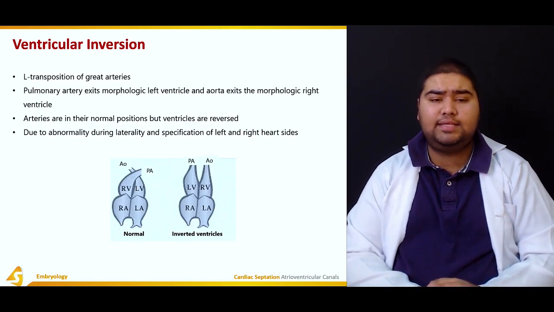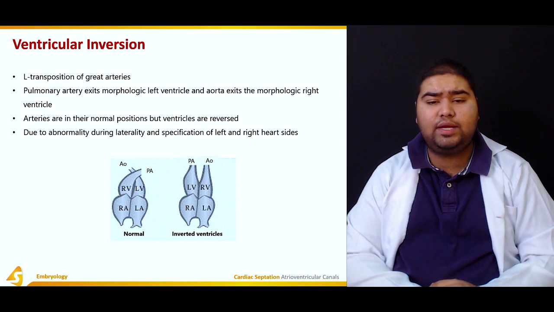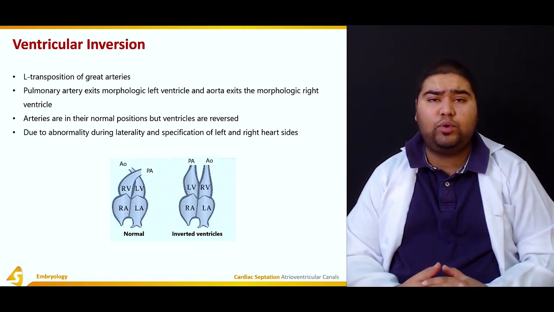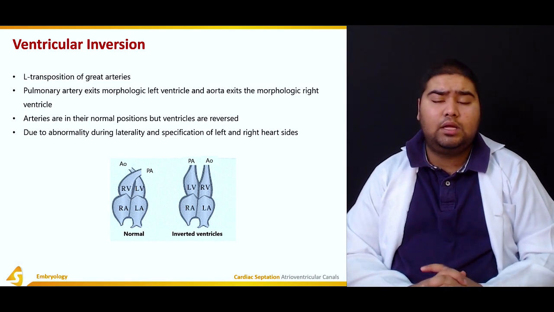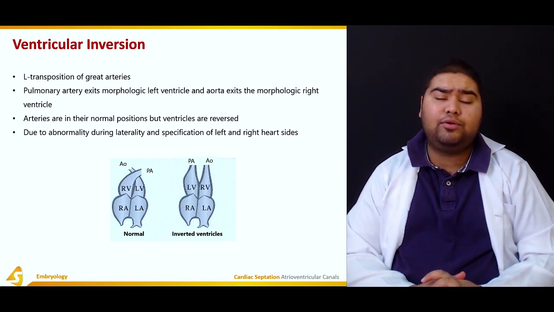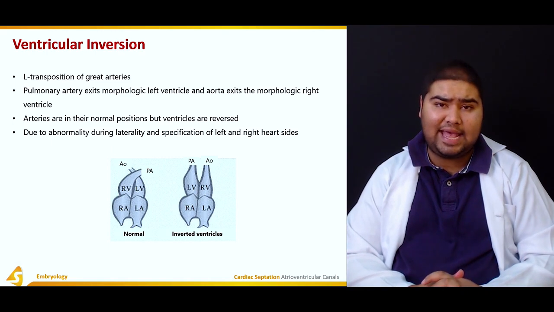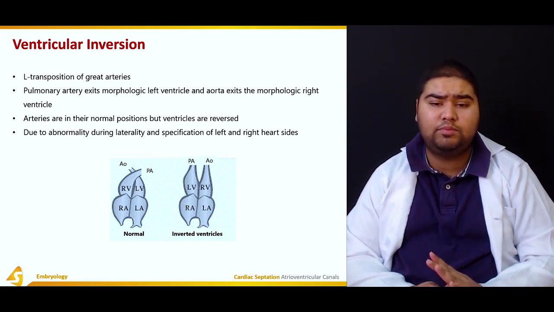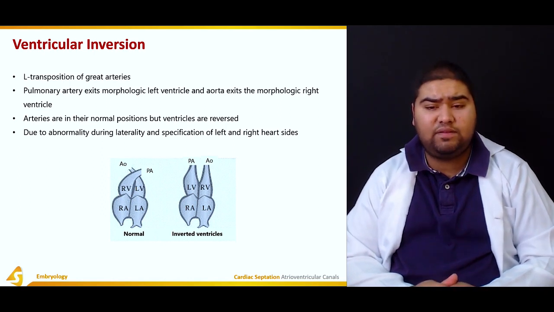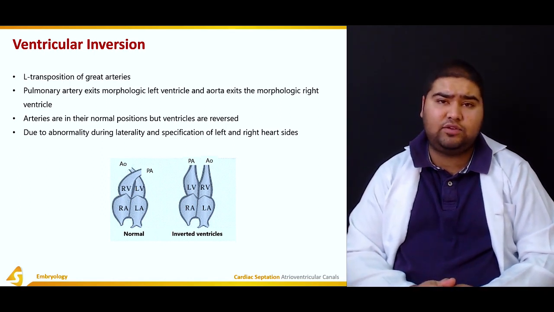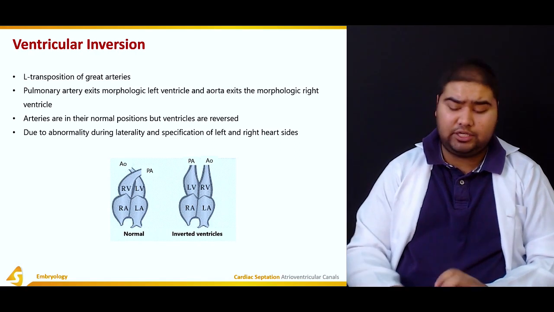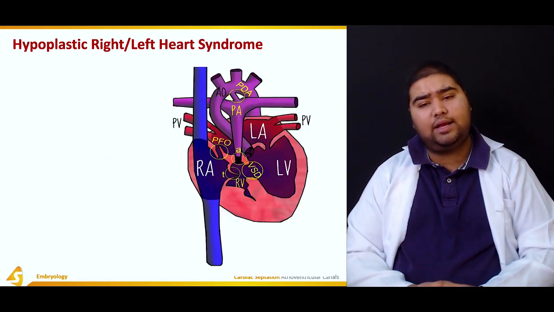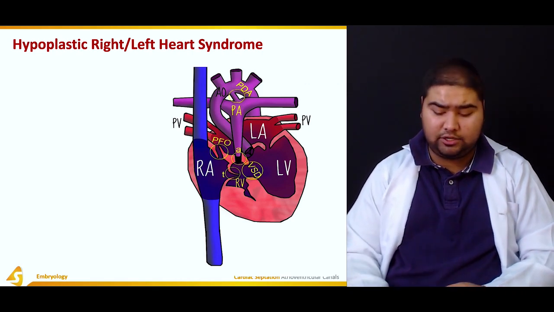What is the cause of this? It is due to an abnormality during laterality, the process during which the embryo establishes its axis, and it's very important. If there are any problems with laterality or specification of the left and right sides of the heart, this ventricular inversion may take place. Now we'll talk about hypoplastic right and left heart syndrome.